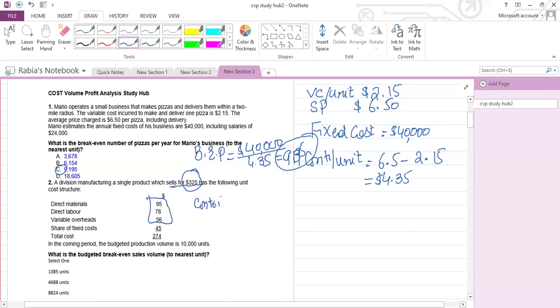Contribution per unit is equal to 325 minus material cost 95 minus labor cost 78 minus overhead 56. Then you will get your contribution per unit, that is 96.